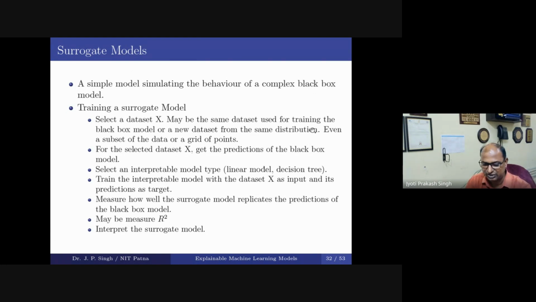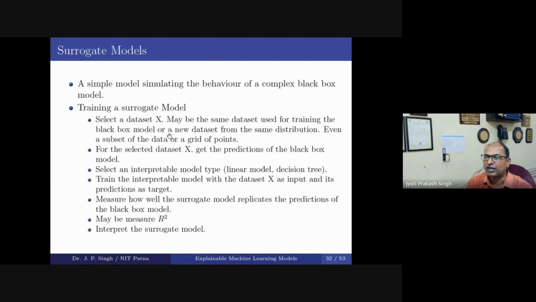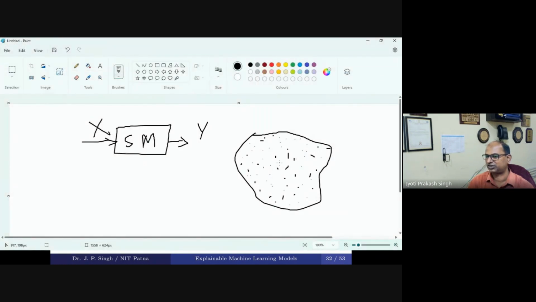Maybe the same data set, so I can use the whole X for this task, or a new data set from the same distribution. Sometimes, in fact most of the time, we need to create a new data set from this distribution. Now the question is how to create it. Using that same data set is good enough. That's simple, that's already there.